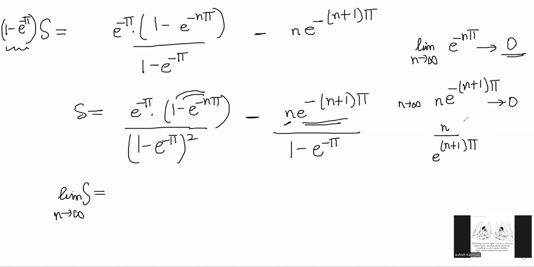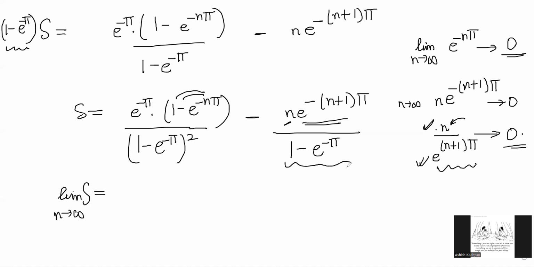The top part is a linear increasing function, and the denominator is an exponentially increasing function. Exponential functions always grow faster than linear functions. So as n increases, this thing will tend to 0 because the denominator becomes much larger than the numerator.